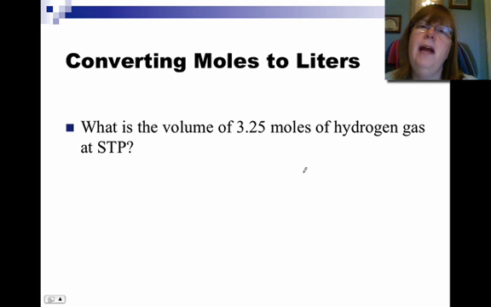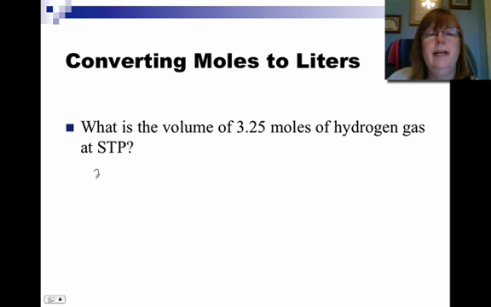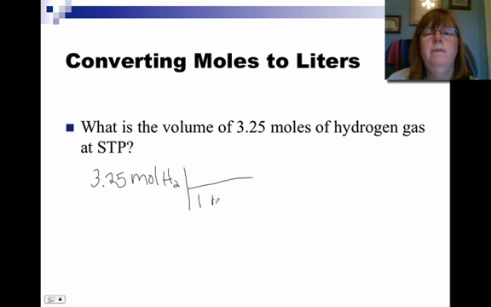Let's go ahead and practice with this new conversion factor. We have 3.25 moles of hydrogen gas at STP, and they would like to know what is the volume. Hydrogen is diatomic, and 1 mole has a volume of 22.4 liters.